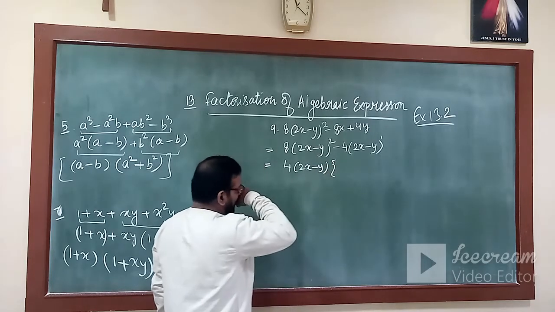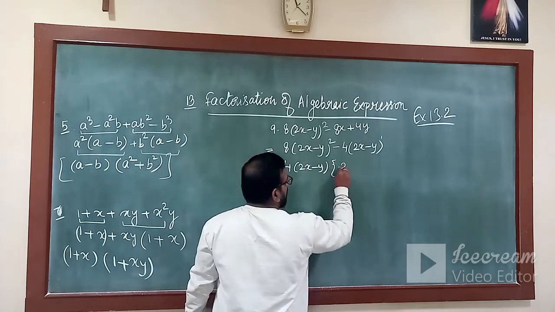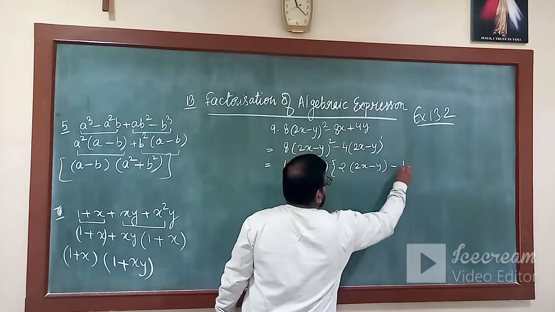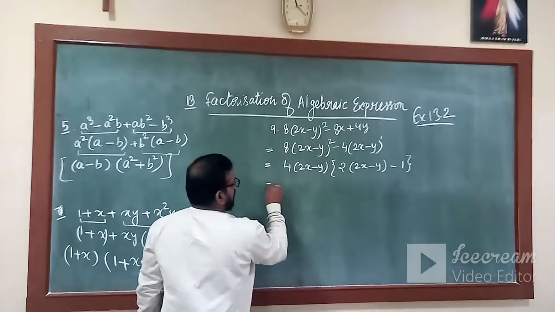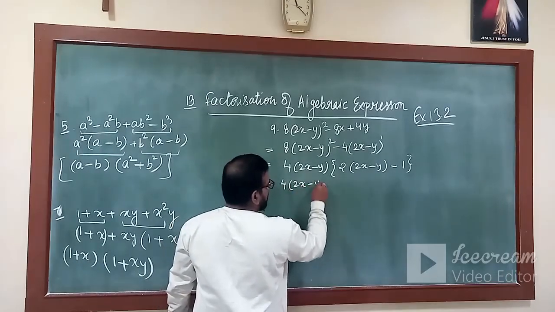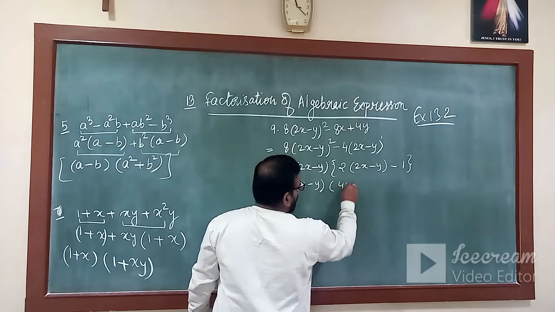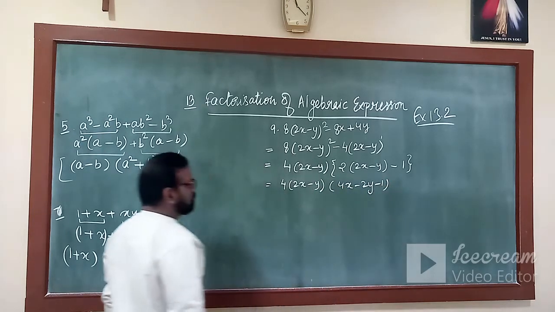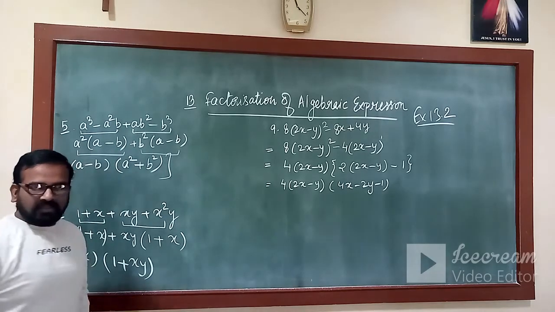So what am I left with inside the bracket? 2 into 2x minus y minus 1. And when I solve it, it will be 4 into 2x minus y into 4x minus 2y minus 1. Okay.